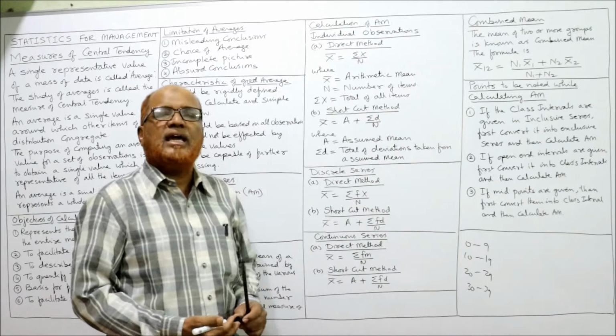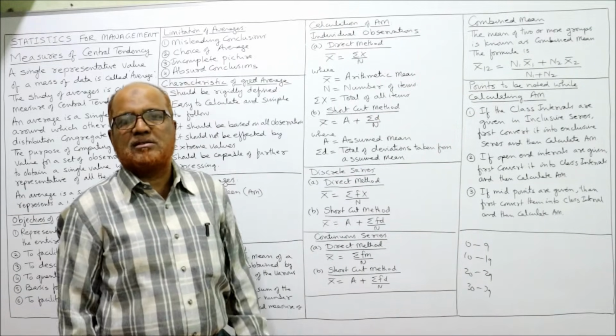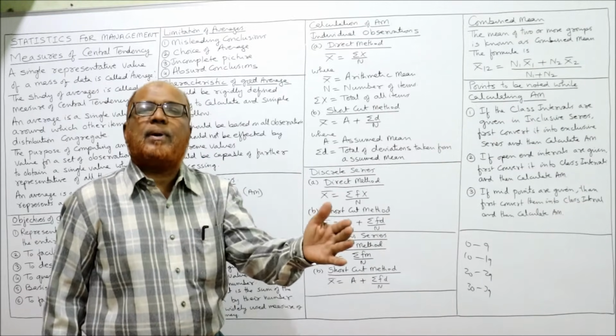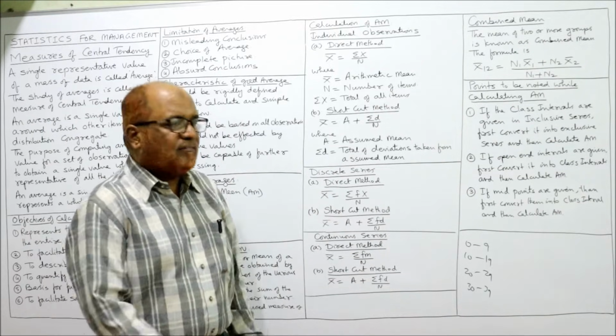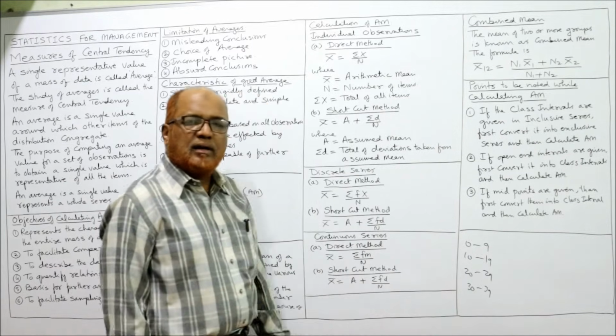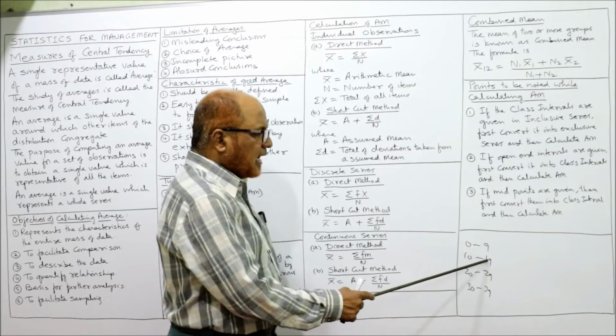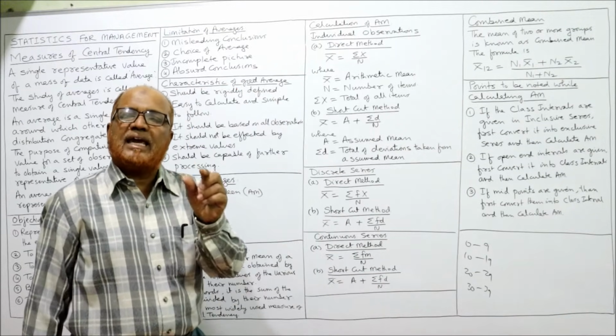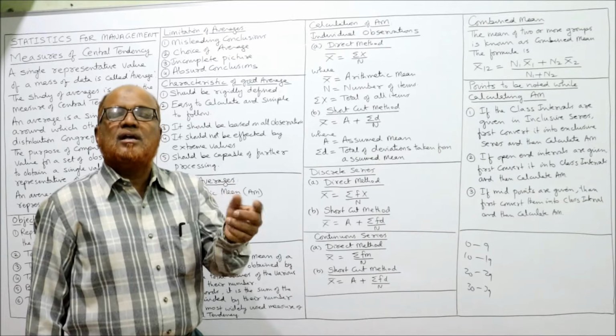This series is called inclusive series because we are including lower limit and upper limit in the class. The first class is 0 to 9. So 0 is included, 9 is also included. Second, 10 to 19. 10 is included, 19 is also included. That's why it is called inclusive series.